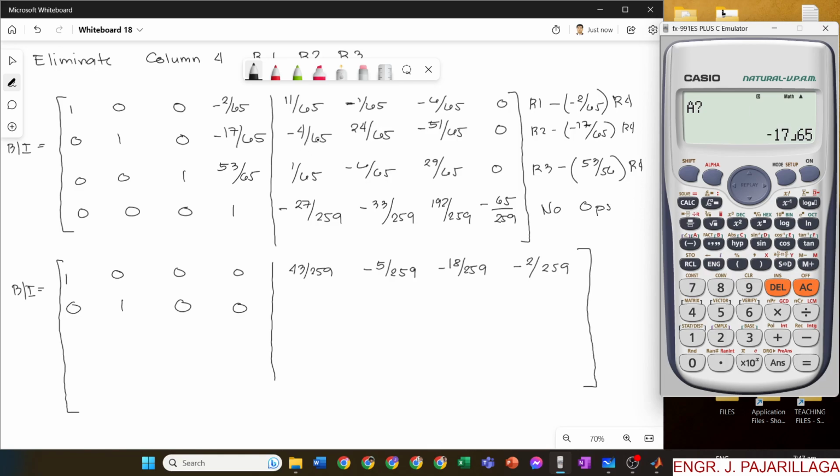Then, calculate negative 4 over 65. And then, for our B, that is negative 27 over 259. And then, we have negative 23 over 259. Okay? And then, here we have positive 24 over 65. And then for B is negative 33 over 259.